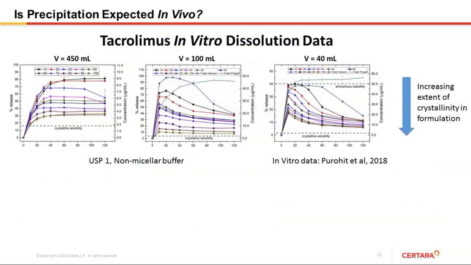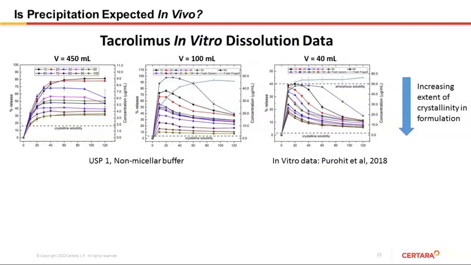So there is a paper on this in the literature from Professor Lynn Taylor's group. I've cited the reference down here. Part of the study here involved in vitro dissolution studies at various volumes of fluid in a USP1 non-micellar buffer.